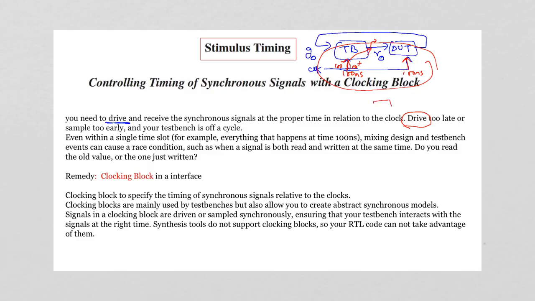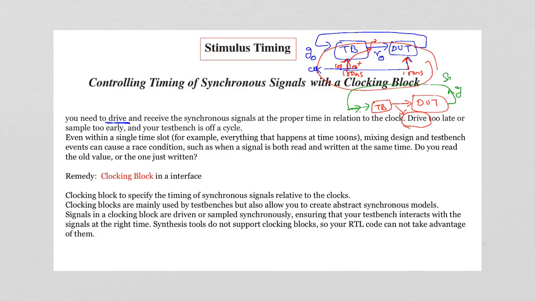You can think driving means giving inputs to the DUT. That means outputs of test bench are driving towards DUT inputs. So this situation is called driving. Whereas sampling is nothing but the opposite situation. Sampling means the test bench is sampling the output of the DUT. That means a grant signal is going to come from this one that you are going to sample, and based on that value you have written the code.